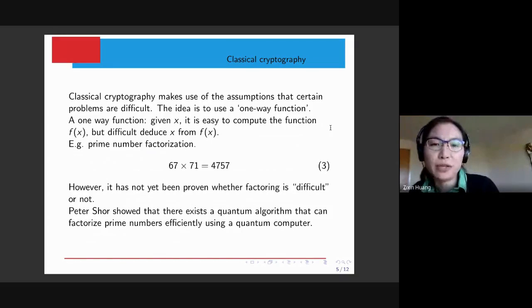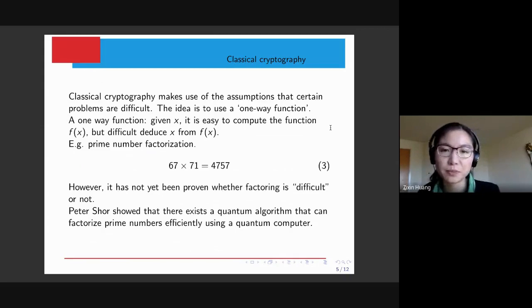So in order to avoid having this very expensive key generation and exchange, modern day cryptography would obviously use a key that is shorter than the plain text. And most cryptography algorithms make use of the assumption that certain problems are difficult. So they're difficult for modern classical computers to crack.